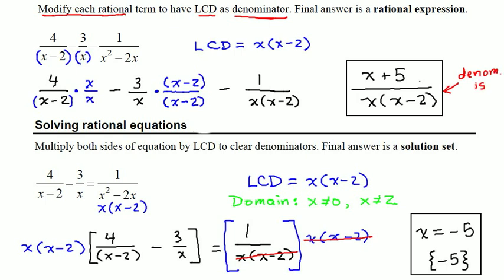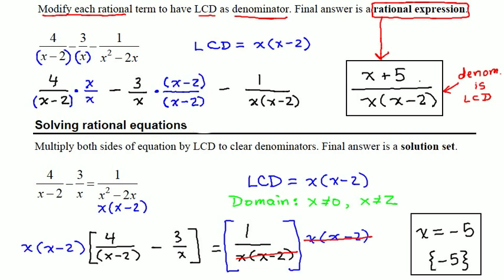And that denominator is the LCD, unless maybe a factor of that LCD is to cancel in the last step, which it did not here. Our final answer is a rational expression. It is not x equals and then some values, right? So this whole thing is still a rational expression.